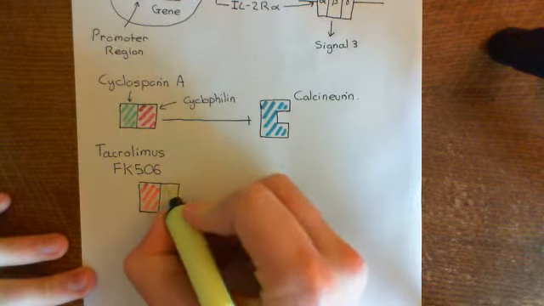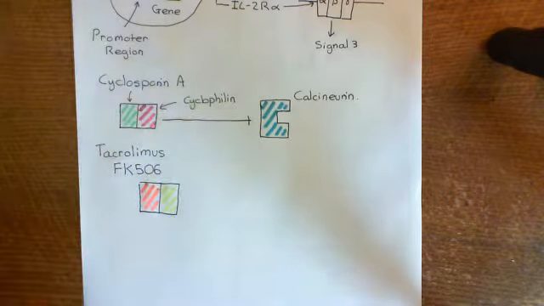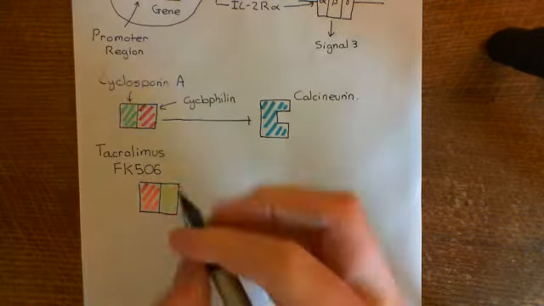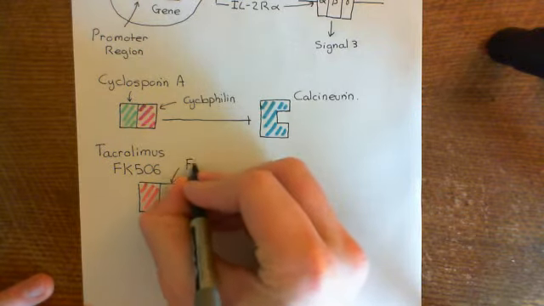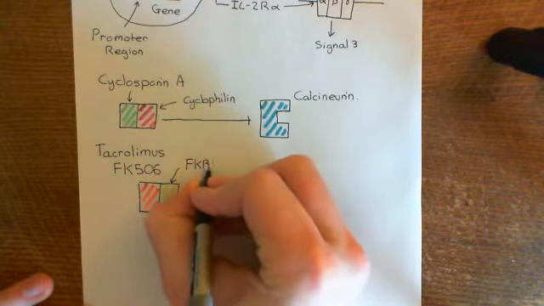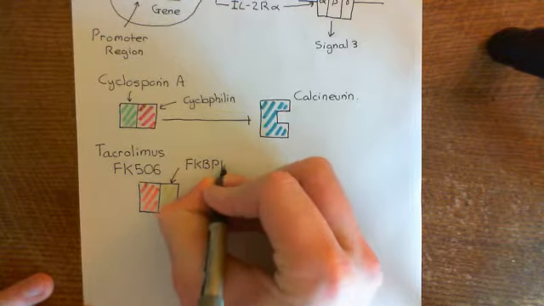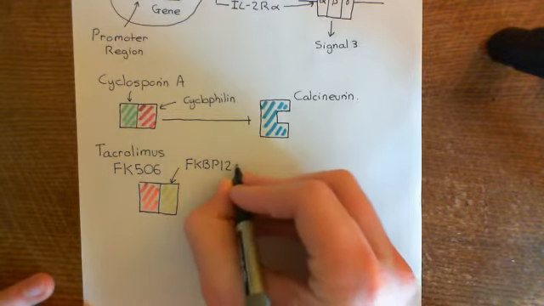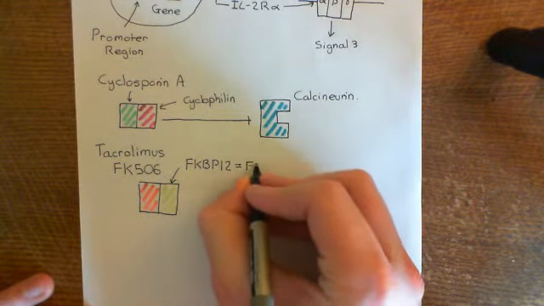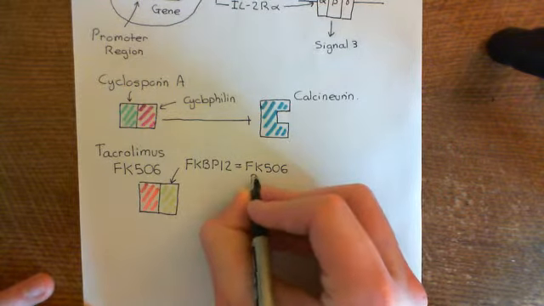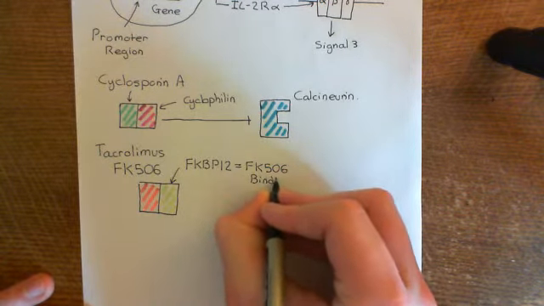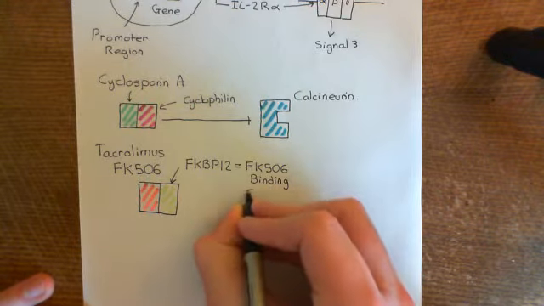It's going to bind to a protein, again in the cytoplasm of the CD4 positive or CD8 positive naive T cells, and this protein is known as FKBP12, which stands for FK506 binding protein 12.